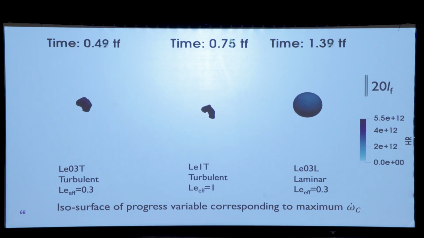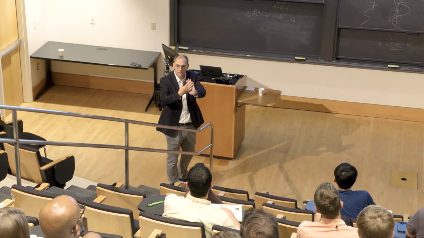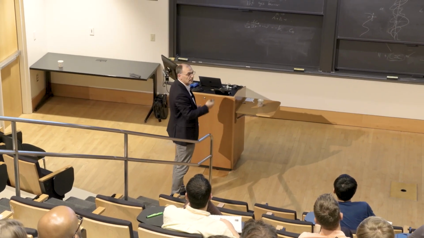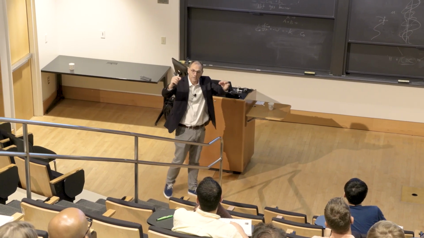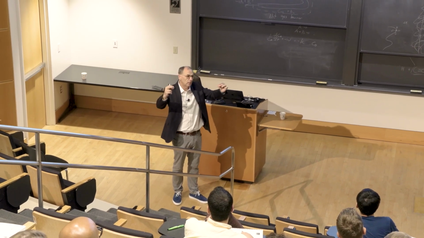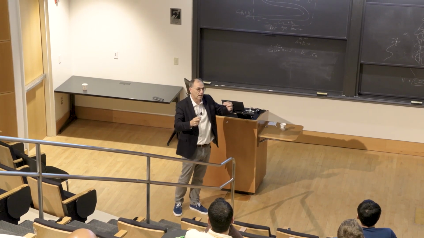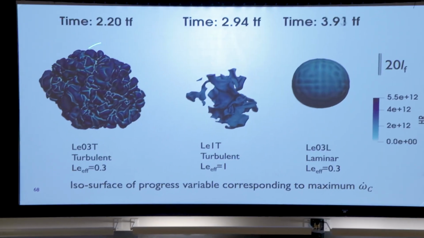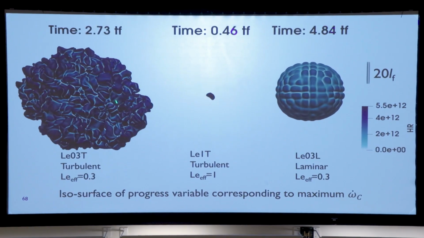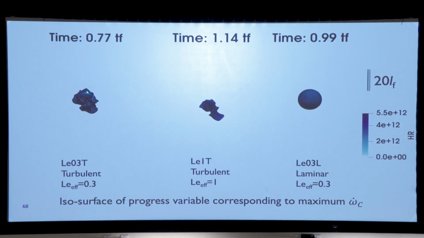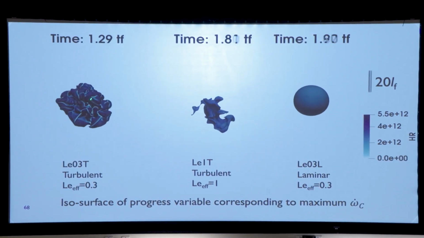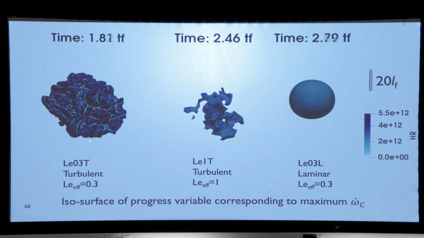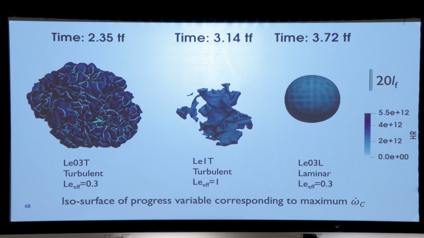So the mechanism is this: the turbulence in the beginning just squeezes this kernel. It makes it like a pancake. But pancakes have, on the edge, very high positive curvature. Very high positive curvature means now this instability burns really, really fast. And so you see here on the surface also the reactivity, and again, you see this sometimes very high in the positive region and very low in the negative region.